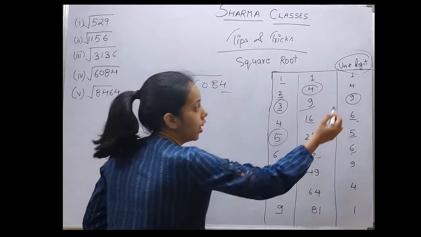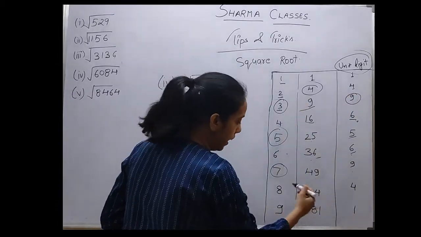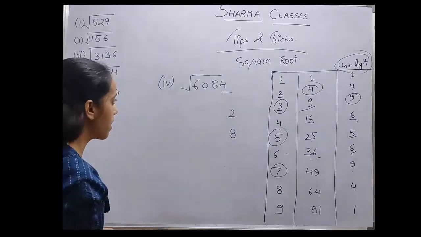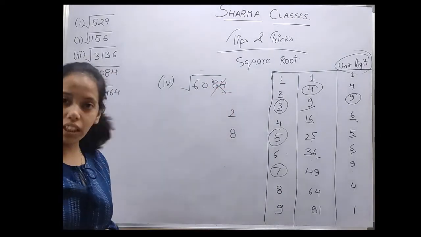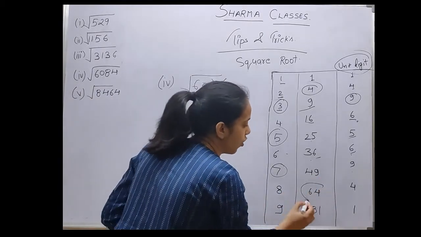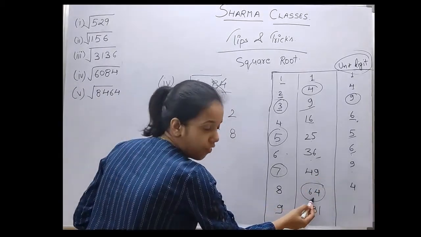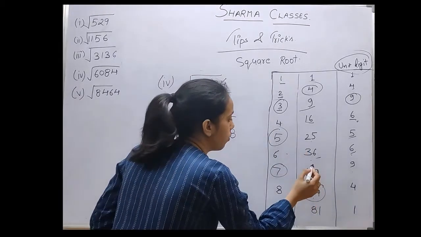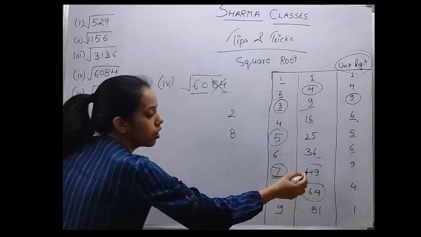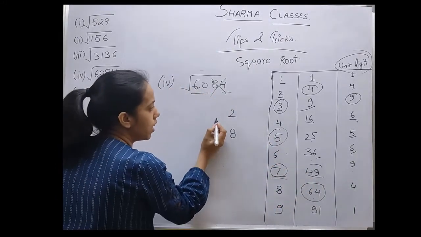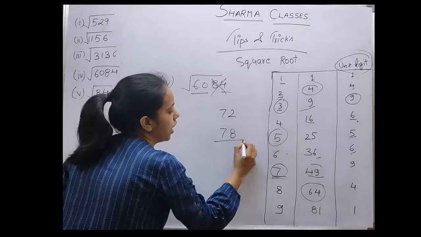Where do we find 4 in this table? 2 and 8. Now next step, cut the last two digits, the remaining digit is 60. Compare in this table, 64. Square of 8 is 64. 64 is greater than 60. That means we take 7, because the square of 7, 49, is smaller than 60. So that means 72 and 78.